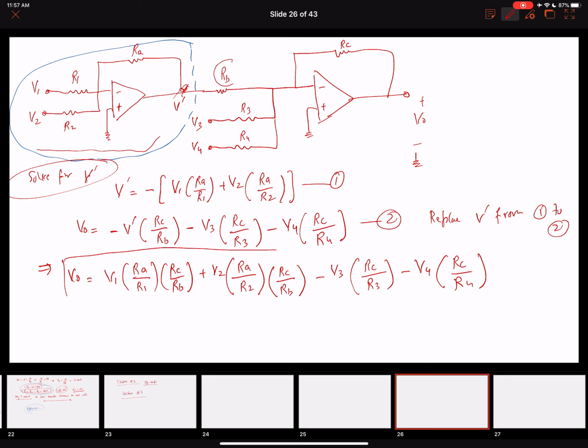Right, so here's an equation where we are summing up the signals when some of the signals have opposite signs as well.